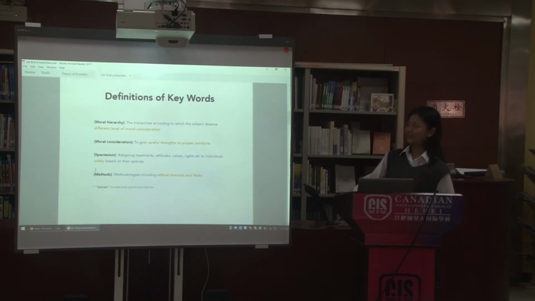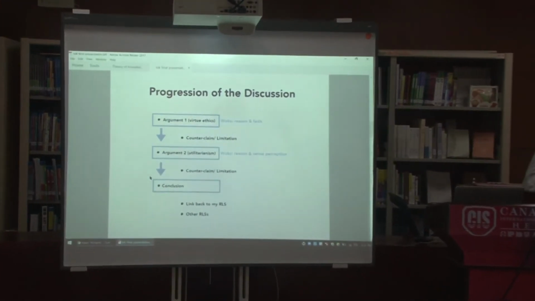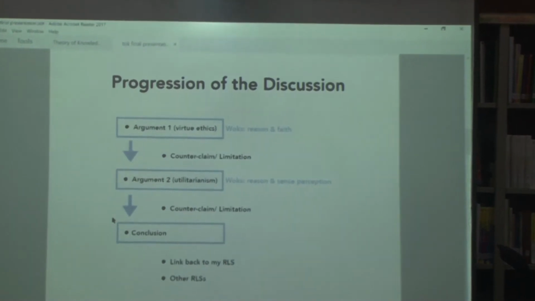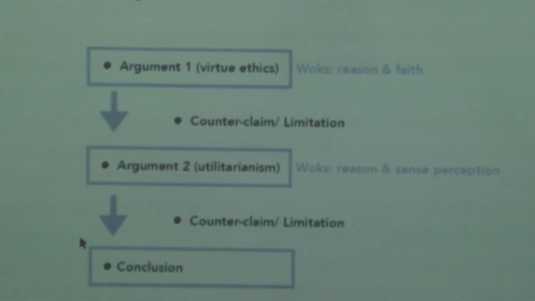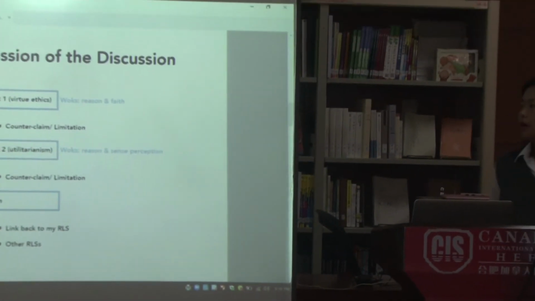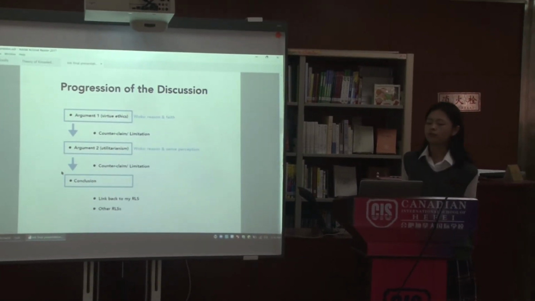This is how the discussion will progress. It's mainly separated into 3 sections with 4 subsections, and each argument is based on an ethical theory, virtue ethics and utilitarianism, and they are linked to 2 ways of knowing respectively.